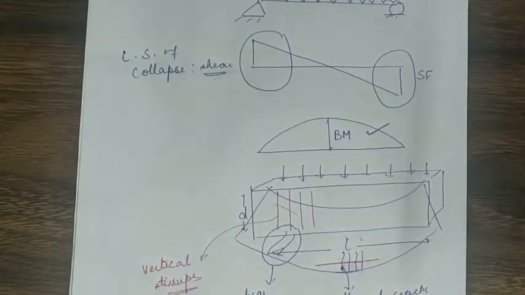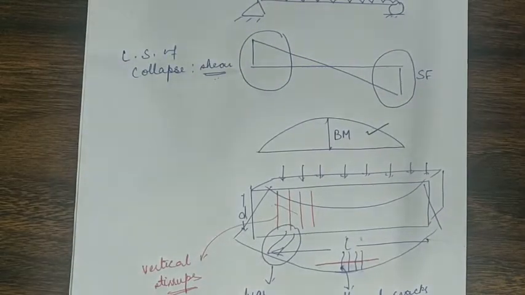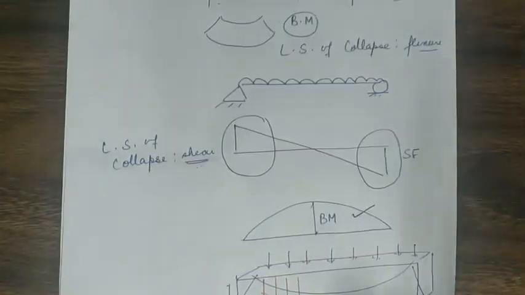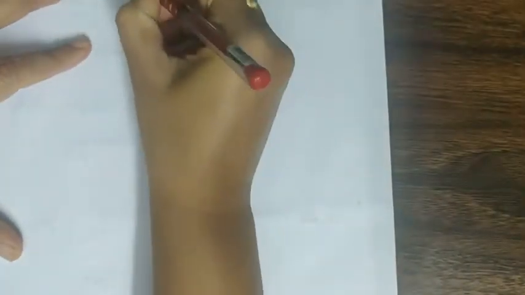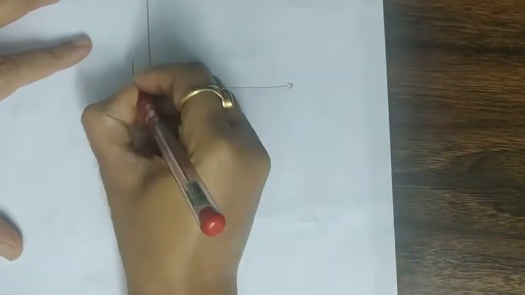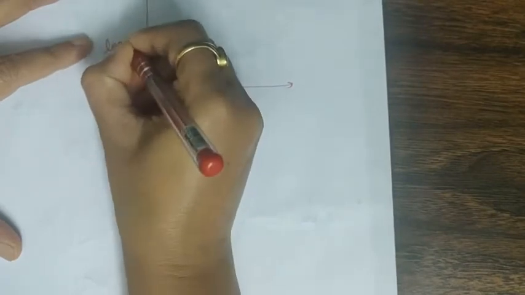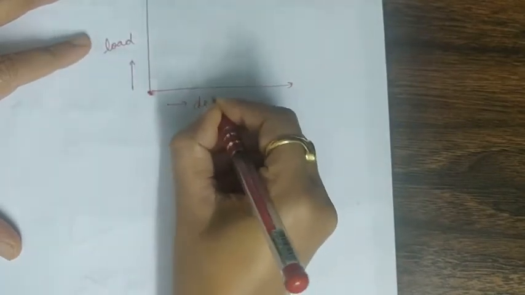Now if I basically talk about what can be the type of failure at different stages in a beam. Let us say there is some load and there is some deflection.